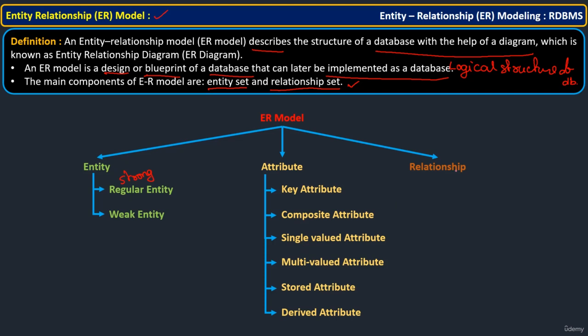And then we see the relationships: one to one, one to many, many to one, and many to many, all possible combinations with one and many. Along with this, we are going to see partial participation and total participation.